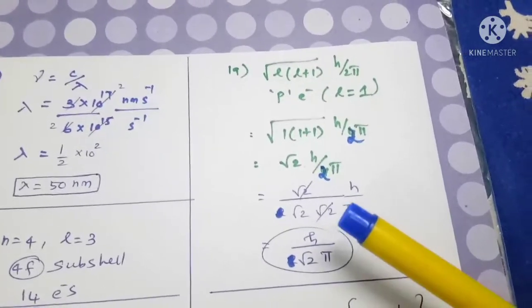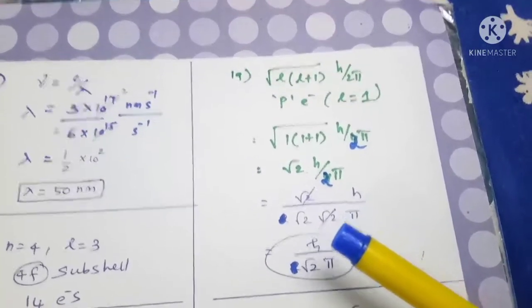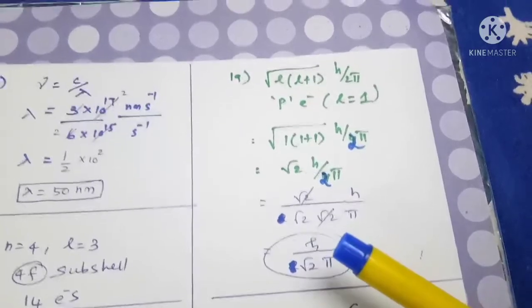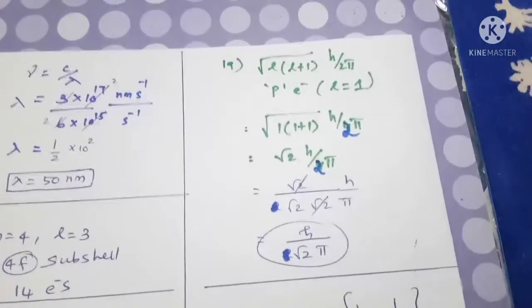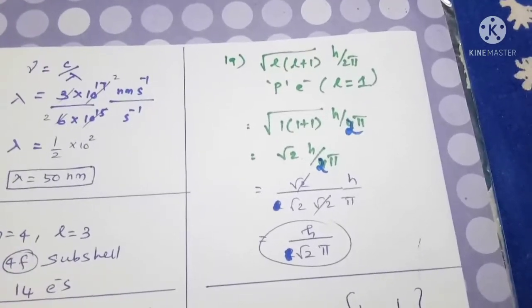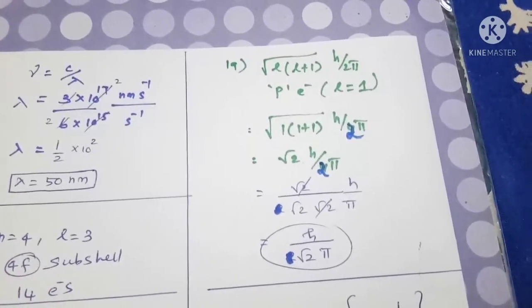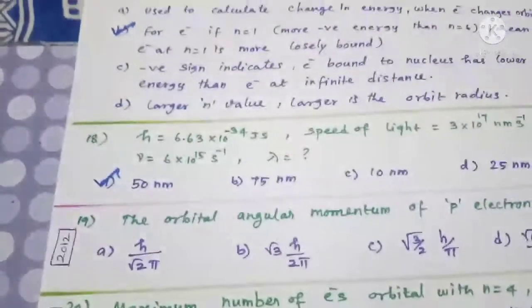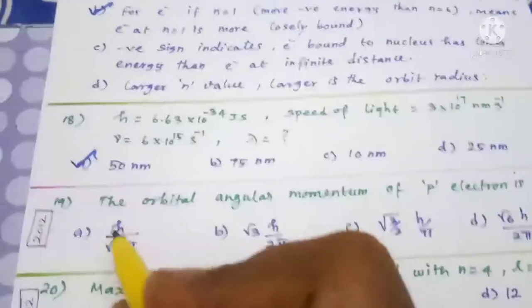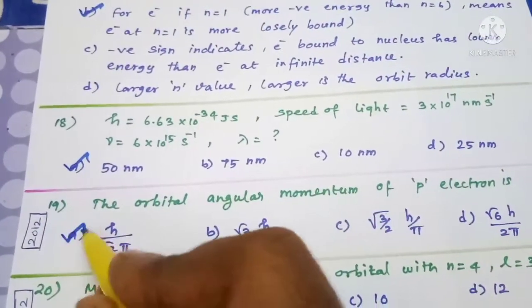So finally I am getting h divided by square root 2 into pi. That is the orbital angular momentum for a p electron. Now let us look at the options. Look at option A, h divided by square root 2 into pi. So that is the right answer.